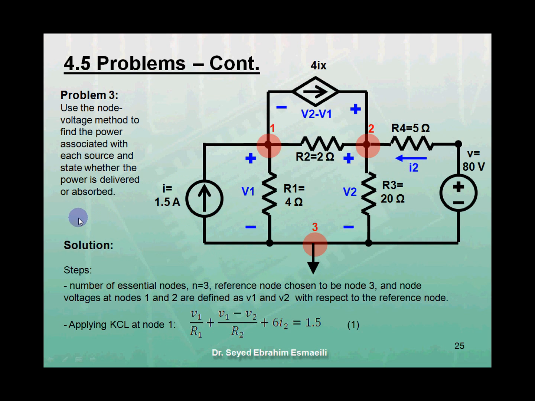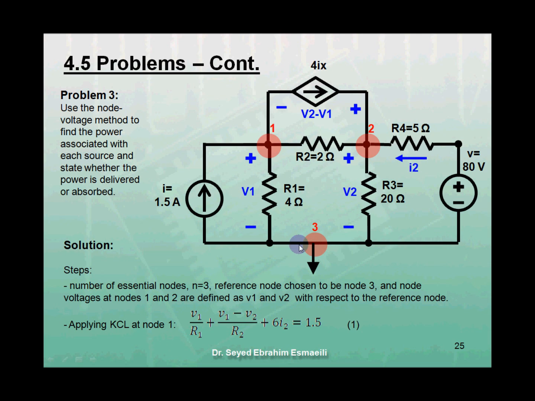In problem 3, we need to use the node voltage method to find the power associated with each source and determine whether the power is being delivered or absorbed. We start the solution by noting that the circuit has three essential nodes, node 1, node 2, and node 3, which is chosen as the reference node.